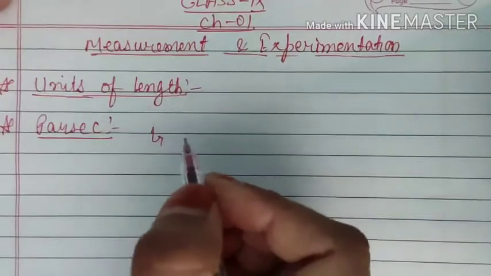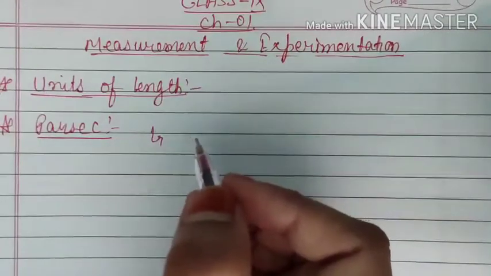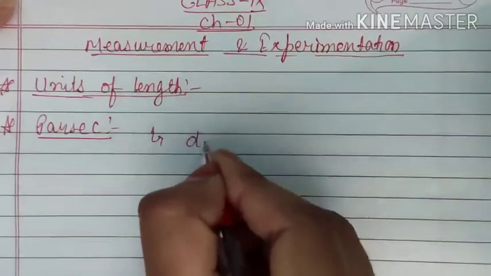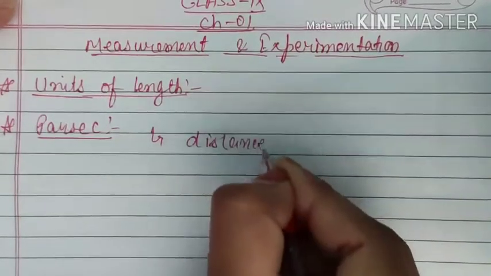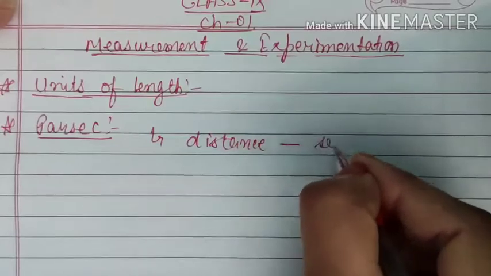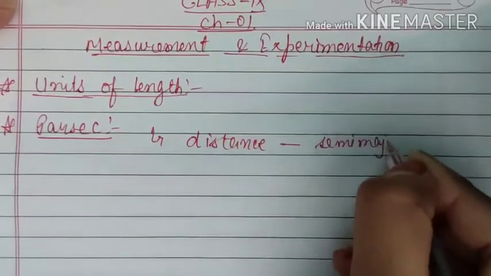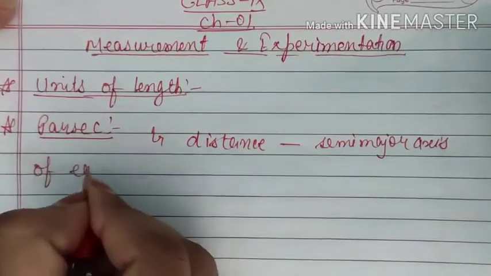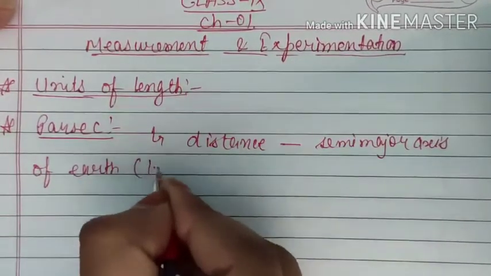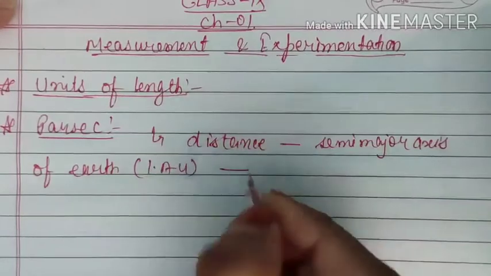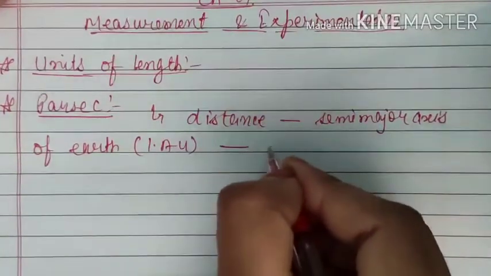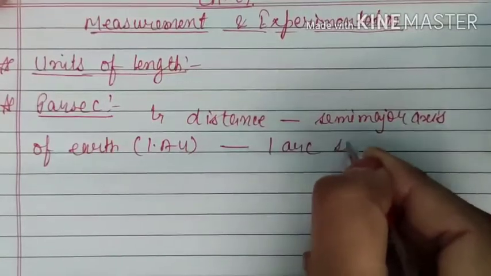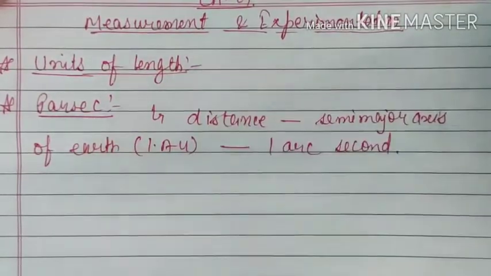Here two things are there. One, the definition is written here, and the definition says that the distance from where the semi-major axis of earth, that is 1 astronomical unit, sustains an angle of 1 second, or you can say 1 arc second, is one parsec.